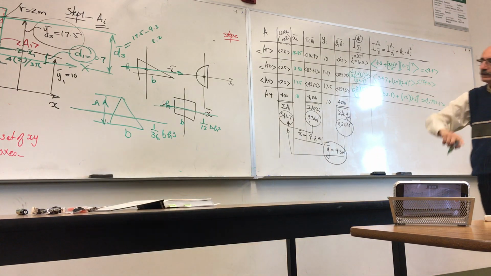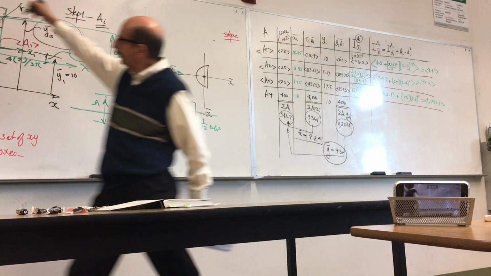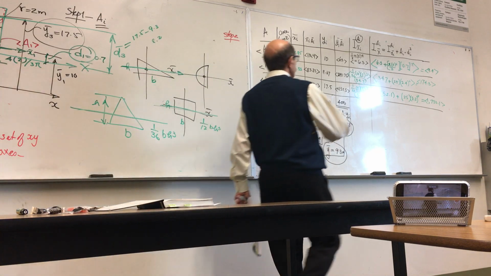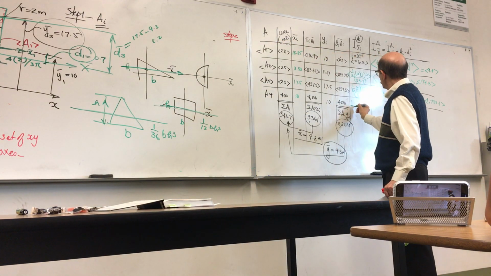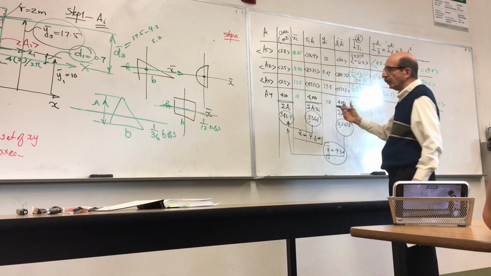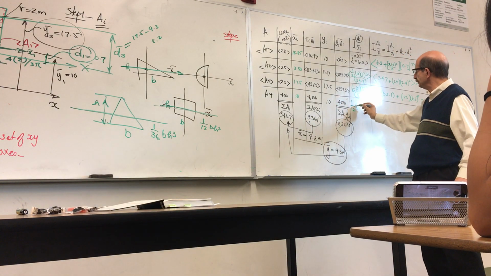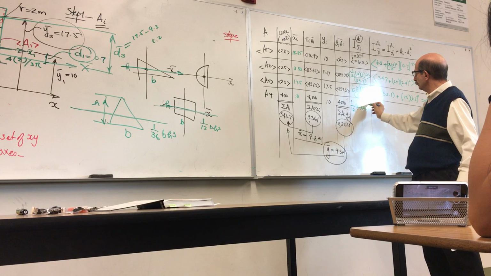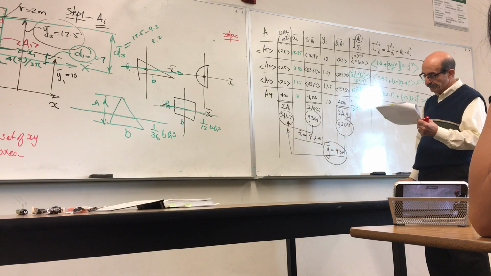This other guy, the last one, this big guy, this is 9.3. The centroid of that shape is at 10, so the distance would be only 0.7. So, first of all, its own moment of inertia is 1/12 B, which is 20, times h cubed, which is also 20 cubed.